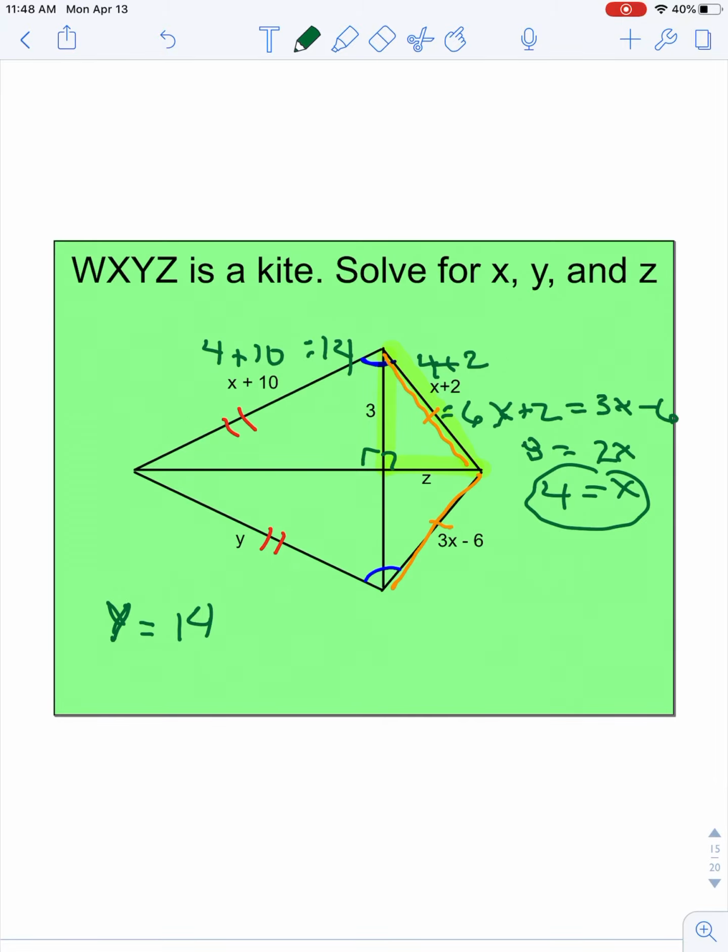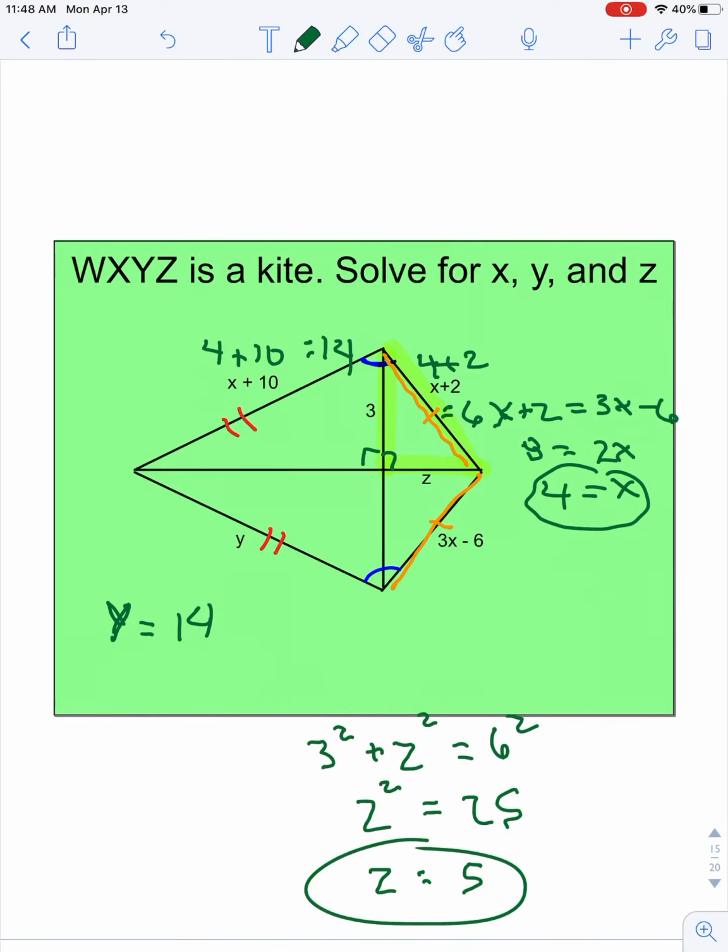So we can use the Pythagorean theorem to solve because we know 3 squared plus z squared is equal to 6 squared. So now we can have z squared is equal to 36 minus 9, which is going to give us 25. So take the square root of each side, and z is equal to 5. So now we found x, y, and z.